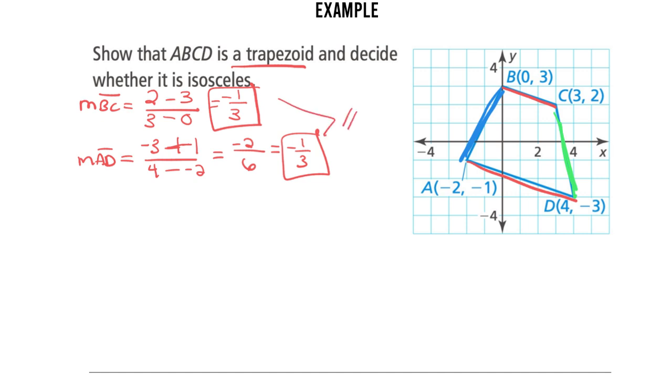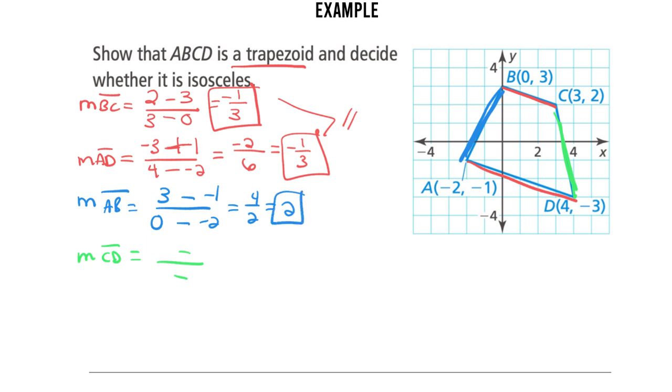And then we have to show that AB and CD are not parallel. So we're going to calculate the slope of AB and show that it's not the same slope as CD. All right, so AB, again, doing y2 minus y1, so 3 minus negative 1 over 0 minus negative 2 gives me a slope of 4 over 2, which reduces to 2.